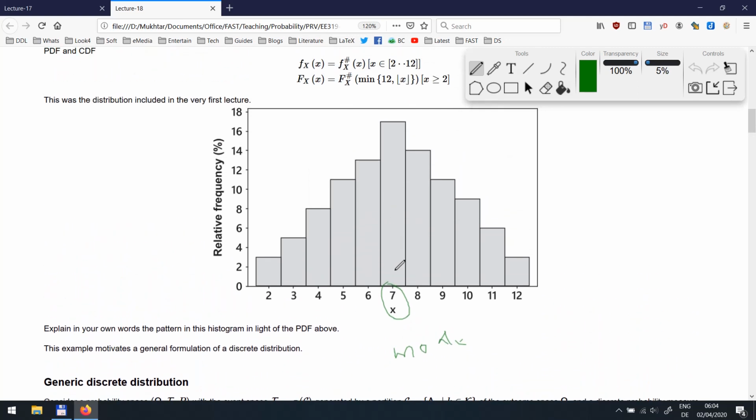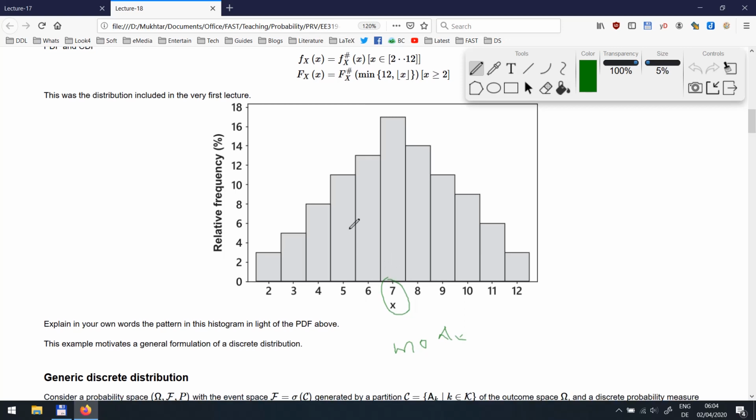But we cannot guarantee that each time we will have a distribution that is symmetrical. If it is not symmetrical, let's say I show you some very strange distribution. This is x, and on the y-axis you have the PDF, and let's say the distribution is something like that.